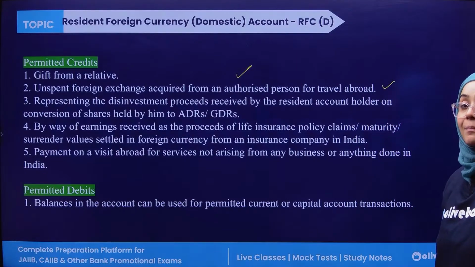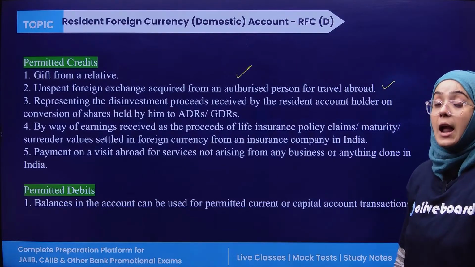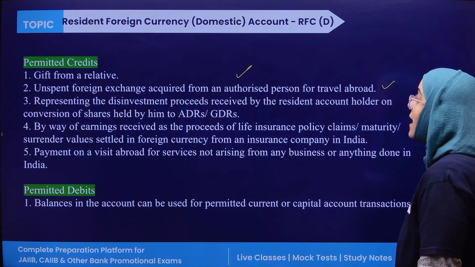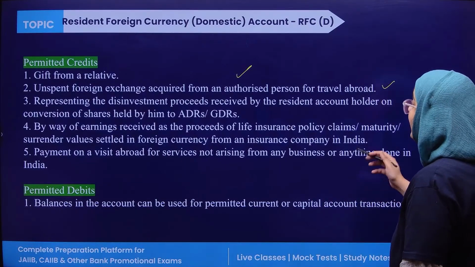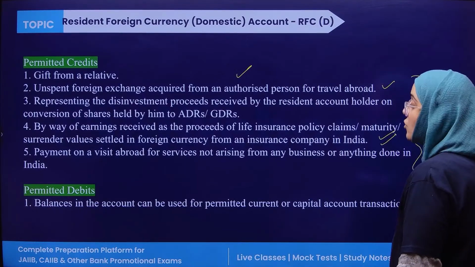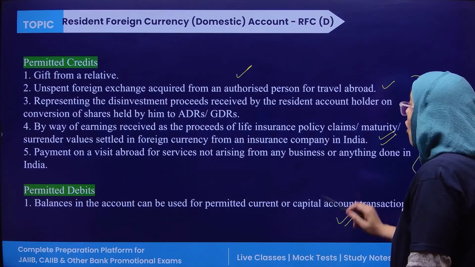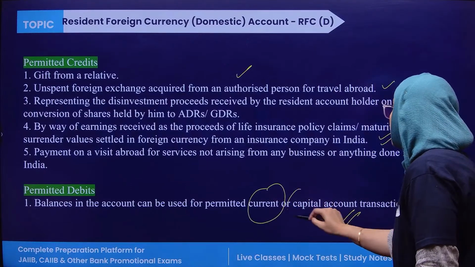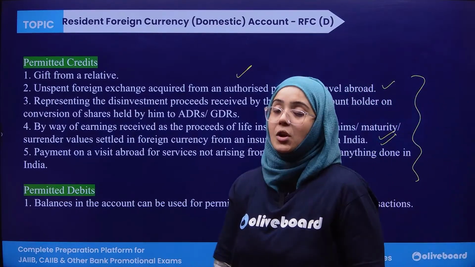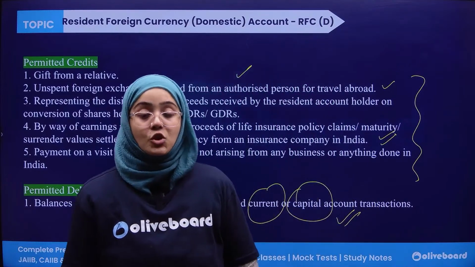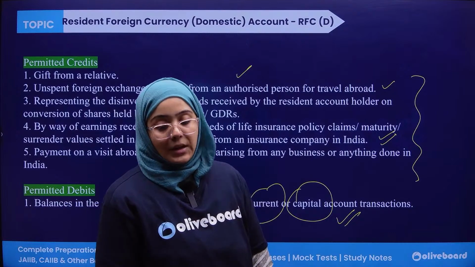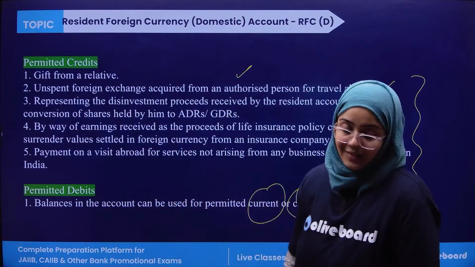Or if you have earnings received from the proceeds of life insurance or anything, these are all permitted credits. And as for debits, all current and capital account transactions are permitted in this account. No restriction. So these are the permitted credits and debits.